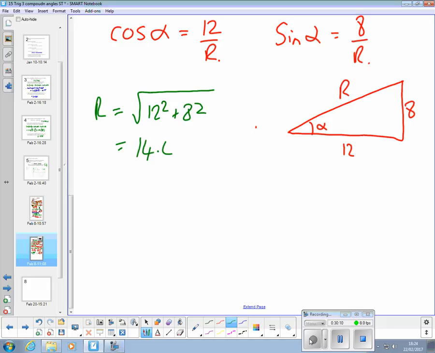Tan to the minus 1, and that's alpha equals.